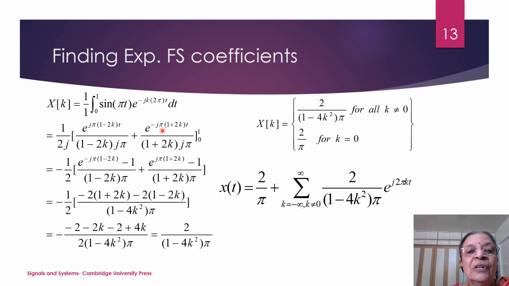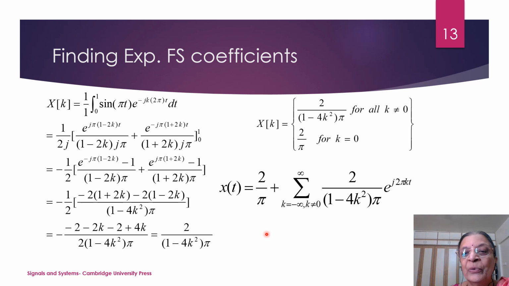So this is e raised to minus j pi, here it will be (1 plus 2k) t divided by (1 plus 2k) j pi. Integration obviously between 0 to 1 because it is the period. So when you solve this entire thing, you will find that the term comes out to be 2 upon (1 minus 4k square) pi. So this is the value of the corresponding exponential term for k not equal to 0, and for k equal to 0, it will be equal to 2 upon pi.